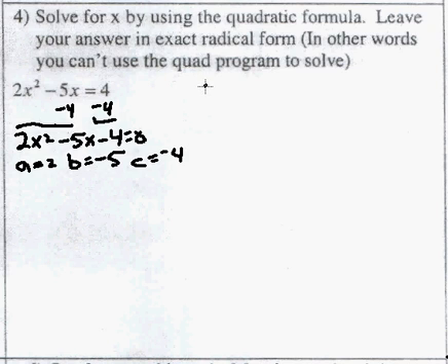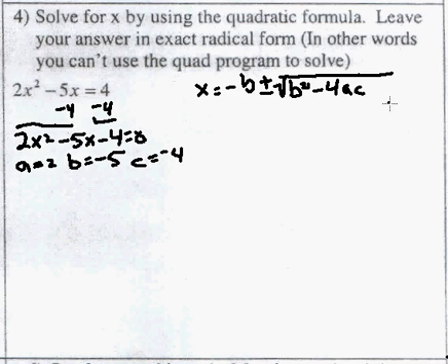The quadratic formula is x is equal to negative b plus or minus the square root of b squared minus 4 times a times c, all over 2a.